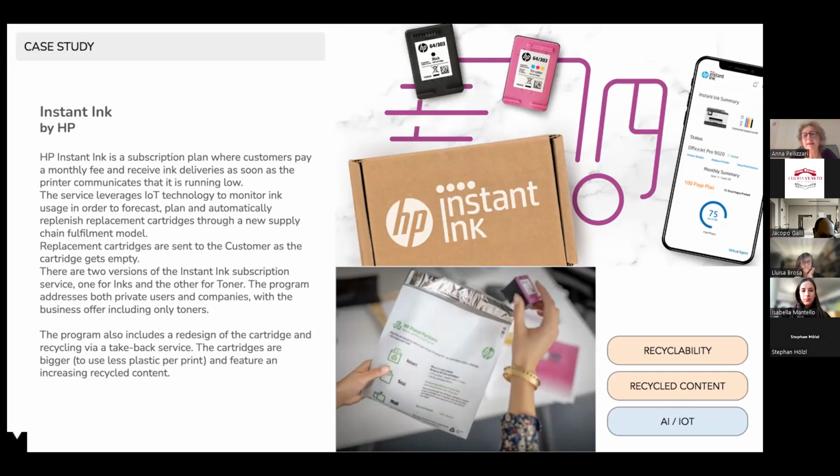In some areas like office furniture, it is already there. So it's the idea of transforming a product into a service. And in this case, we are talking about consumables, which are cartridges.